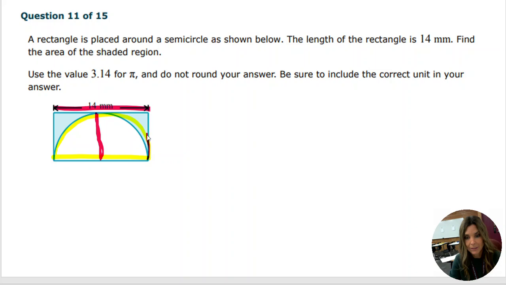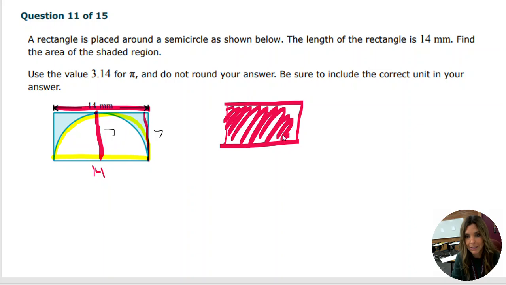Because this is really the radius of the circle, and the 14, that's going to be the diameter of the circle, which means we know that our radius is going to be 7. So if the radius is 7, that means that the height of the rectangle is 7. So for this one, we're going to take the area of our rectangle, and we know that this is 14.